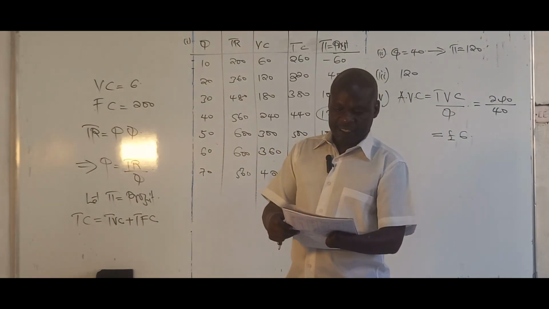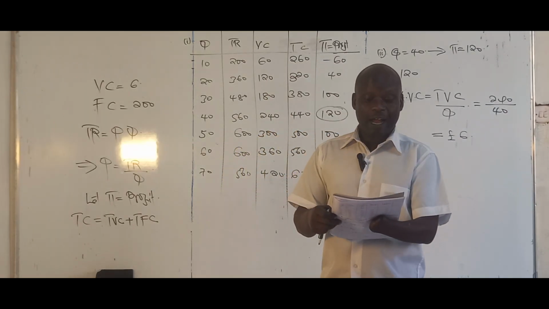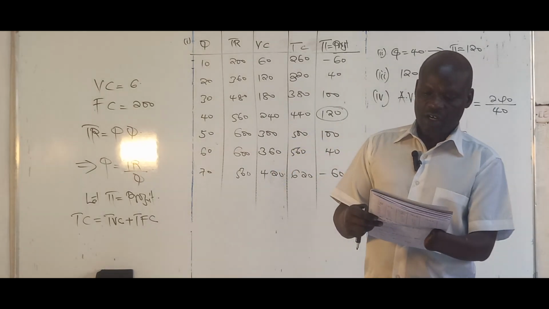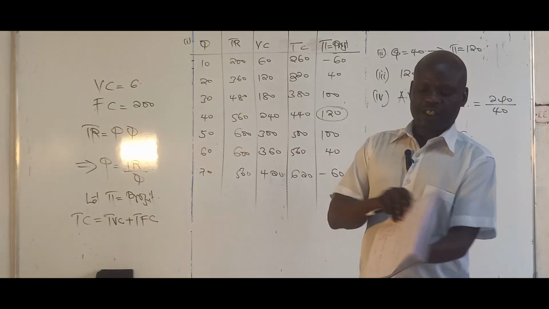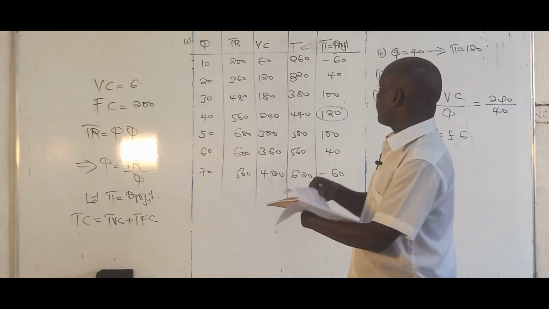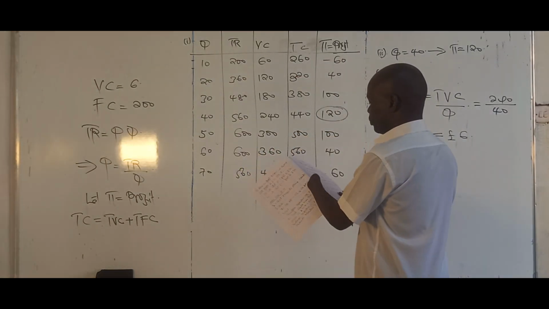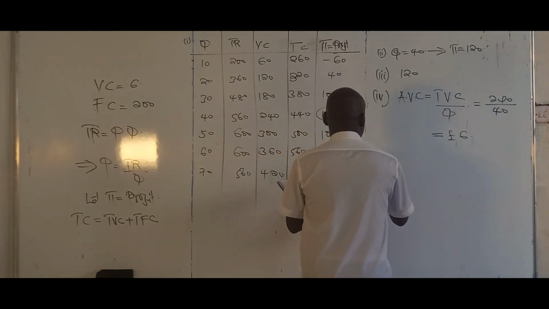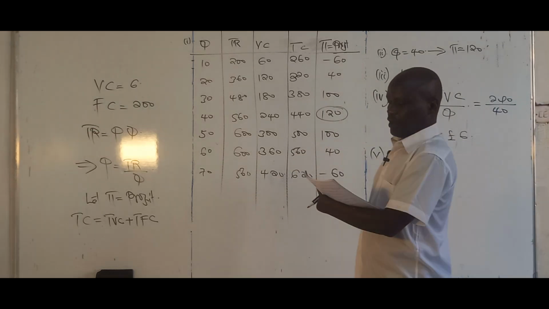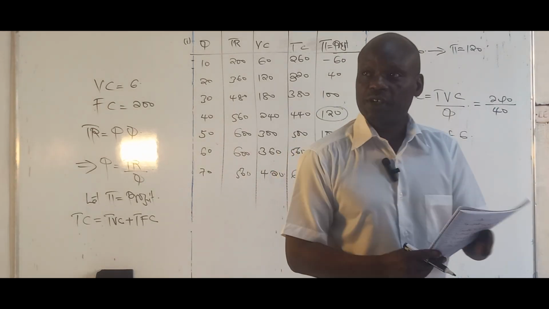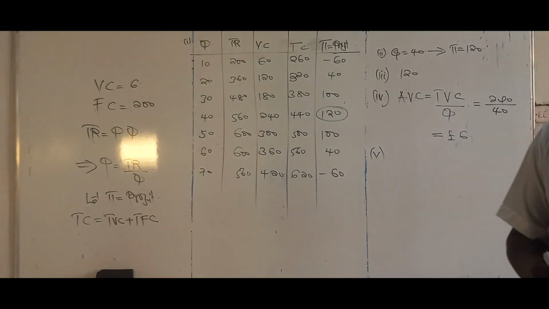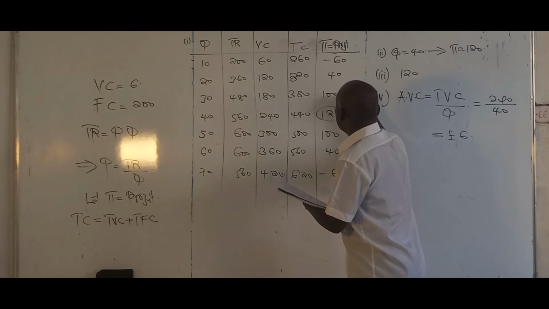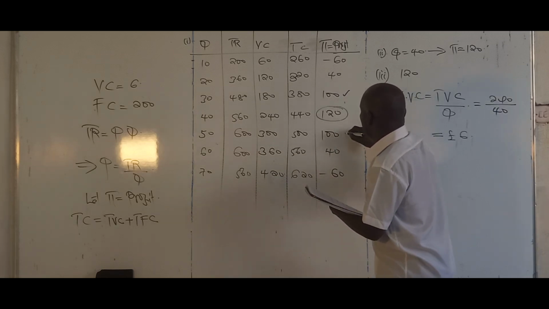Then Roman 5: determine the short run level of output or outputs at which profits are $100. From our profit calculations, we observe that profits of 100 occur here, and they also occur here.